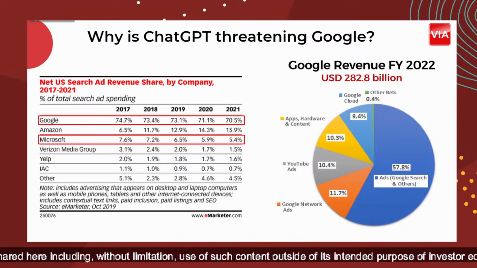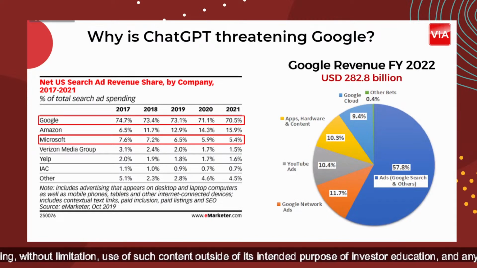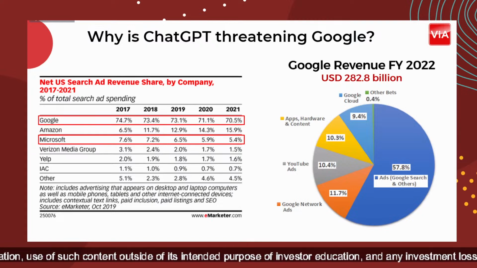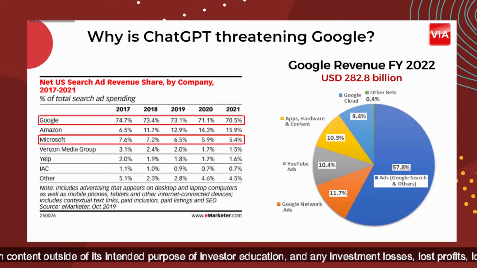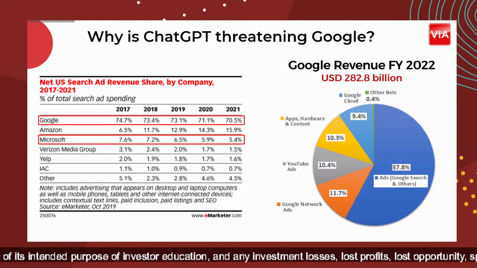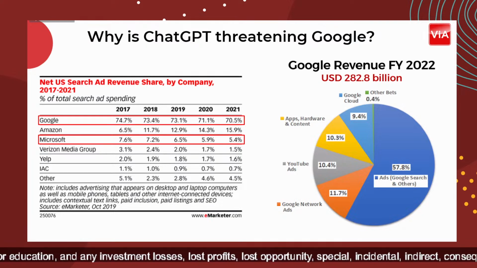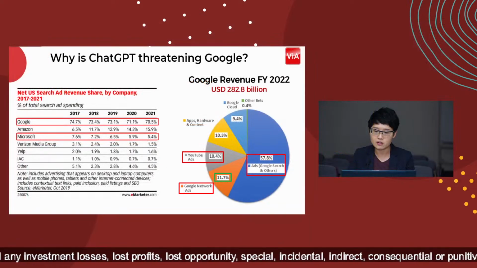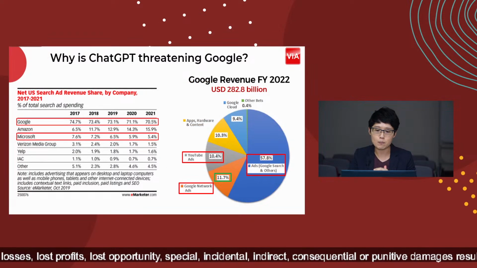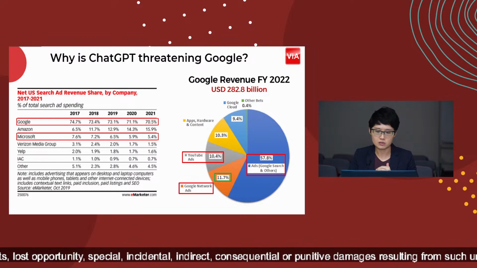So now let's look at Google's revenue. In 2022, Google generated about 282.8 billion USD, which is a lot more compared to Microsoft. But when we look further into their business segments, we realize that all these 3 segments are mainly about advertisement search.